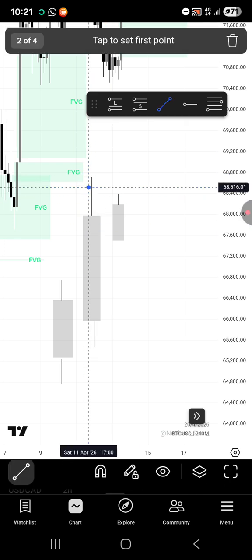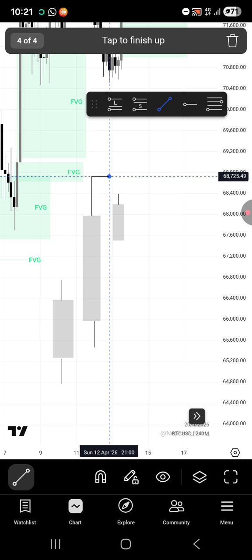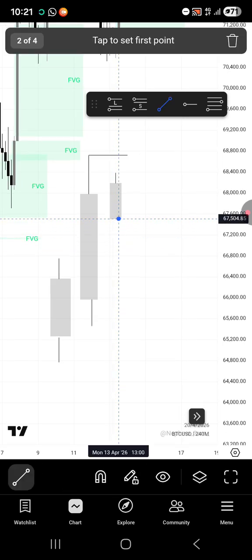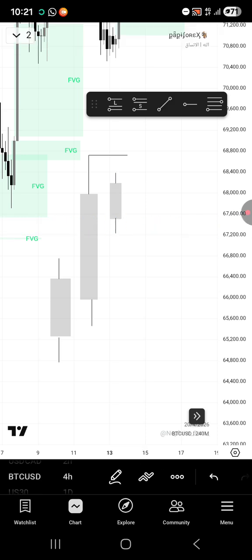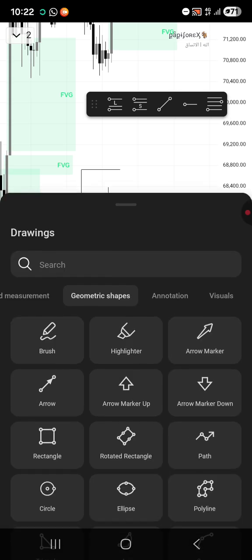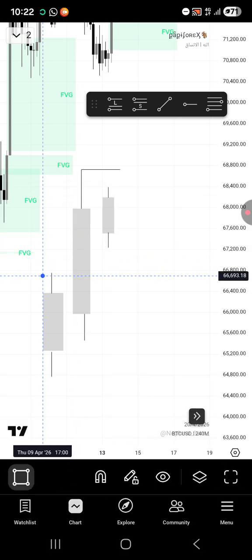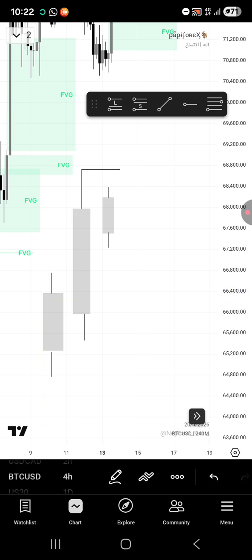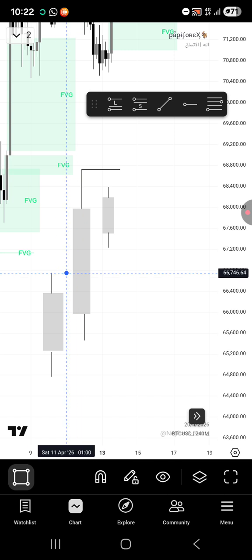It will fail to sweep this candle high here. Then at the end, you have something like this. This kind of fair value gap formation is what we call the deep retracement, and it is a low probability fair value gap. This type of fair value gap is not common. You understand? It's not common.